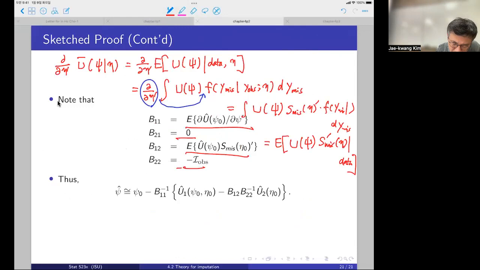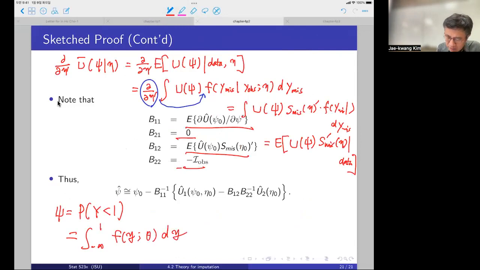Suppose psi is the proportion of y less than 1, and y is normal, with density f(y; theta). So this psi is a function of theta, and you have two ways of computing psi.